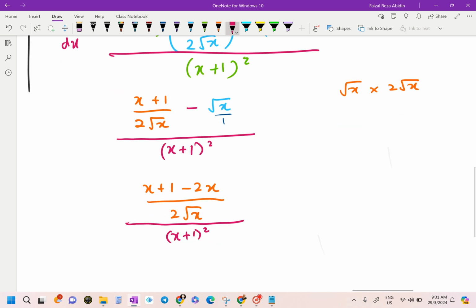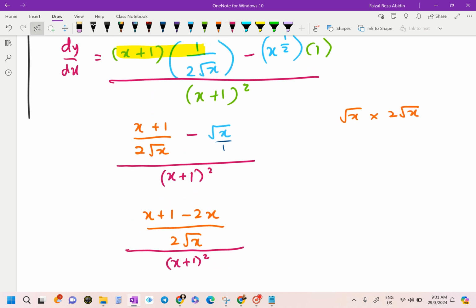What happens here, if you look, x minus 2x is going to be minus x, so I can have 1 minus x over here.